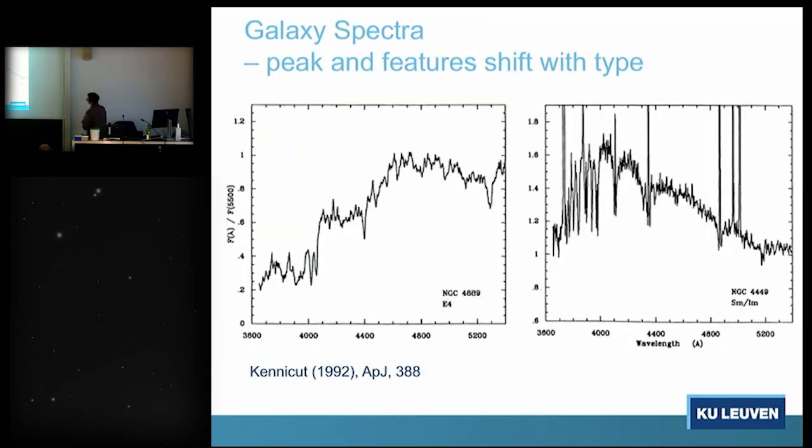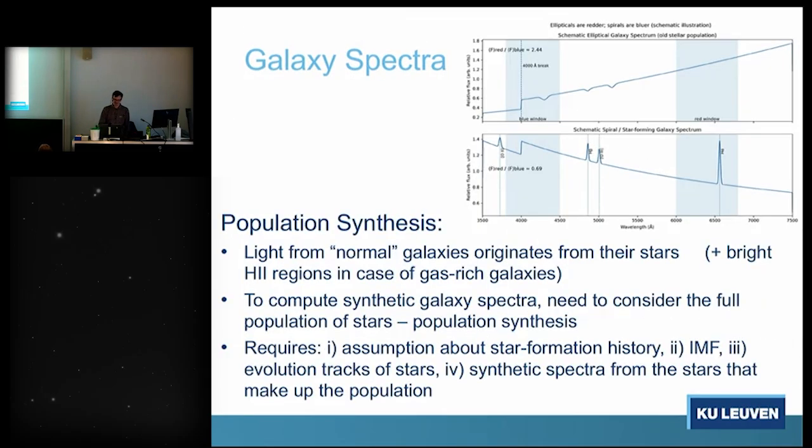Now, another thing is that when we look at galaxy spectra, of course, the peak and the features will be different. So this is the integrated spectra from an elliptical galaxy versus a spiral galaxy. And you can see this telltale sign, right? This elliptical galaxy has a peak more to the red. This spiral has a peak more to the blue, as we have discussed.